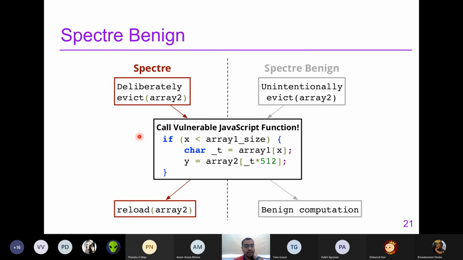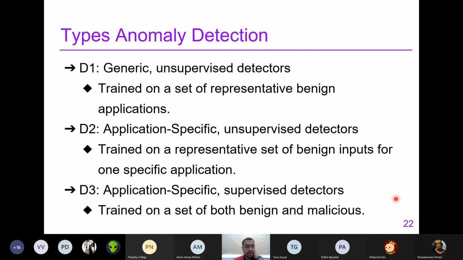On the left is Spectre, on the right Spectre benign. Both behave exactly the same. The key difference is that true Spectre will try to reload the array, whereas Spectre benign will do some harmless computation. And the last one, we make a set of both harmful and harmless applications and train our model on it.